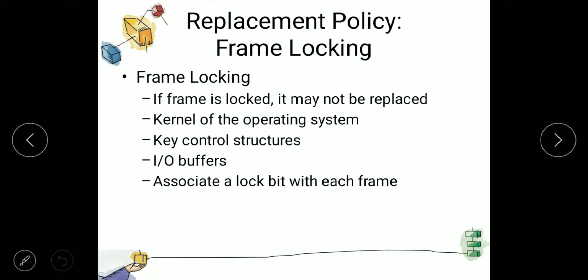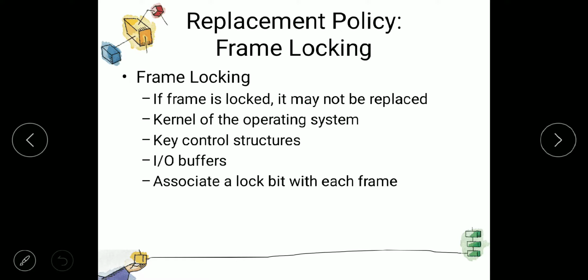To make it available at all times, we use a lock bit. Each frame will have a lock bit, which can be turned to 0 or 1. Whenever the operating system is looking to replace any of the frames or the pages residing in a particular frame, it looks at the status of the lock bit. If it is 0, it can be replaced.